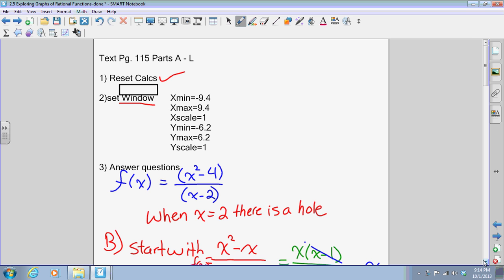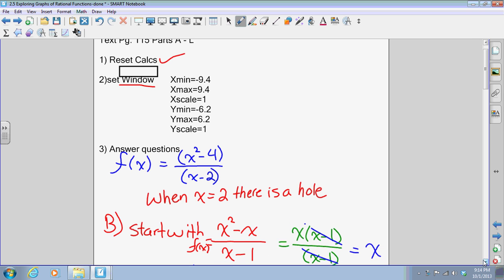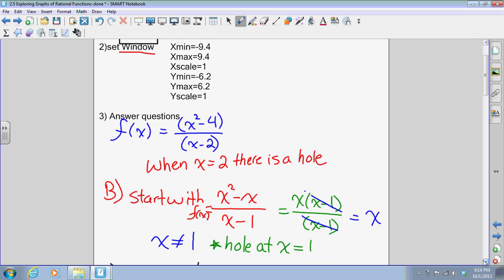All right? Great. Taking a look at some of these questions, which is number 3. A talks about an expression, x squared minus 4 over x minus 2. Look at the denominator. It is a hole. Do you want to know why it's a hole?